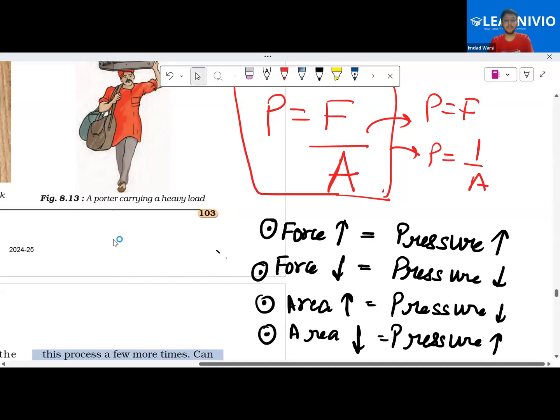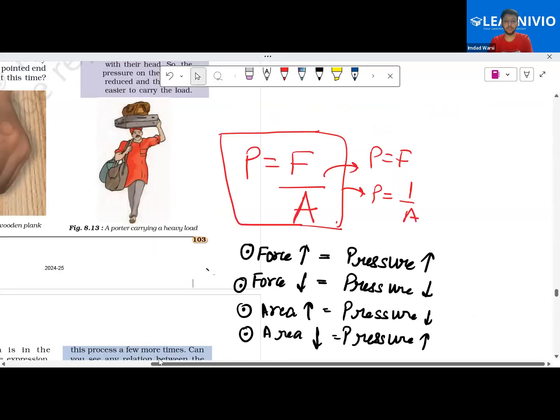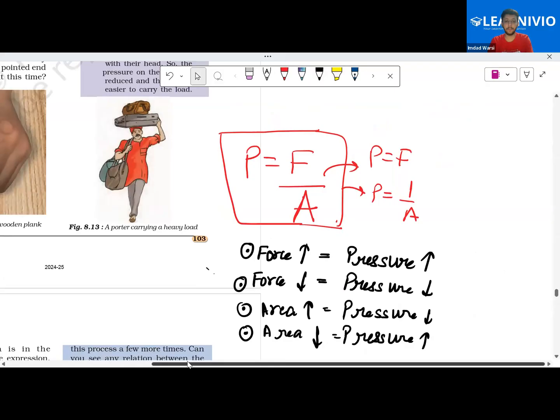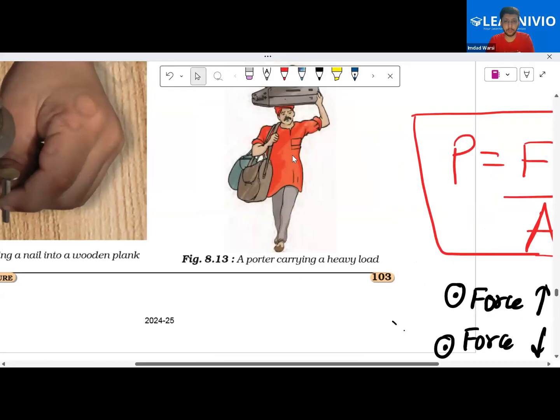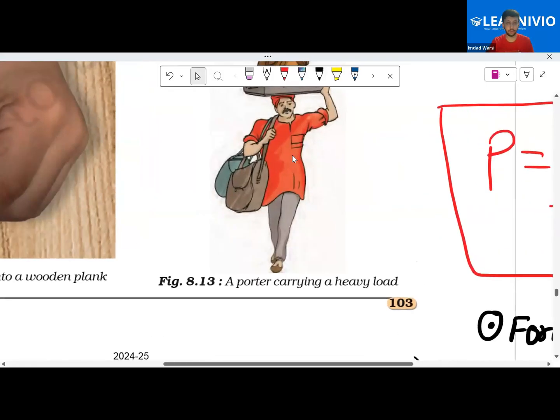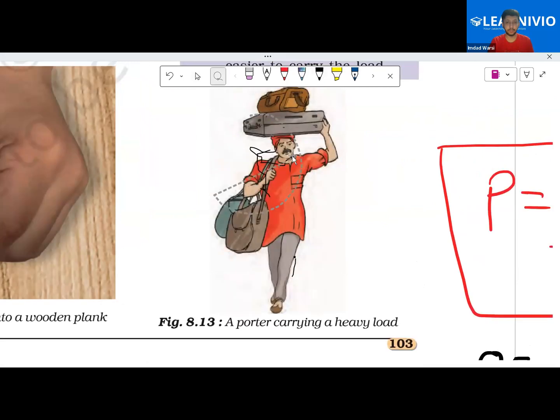This is what the example was about, the porter. So you must have seen that the porter, if I zoom this image, you're seeing here that the porter has a cloth on his head.